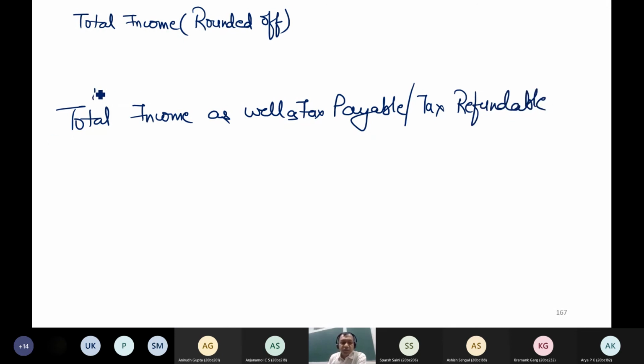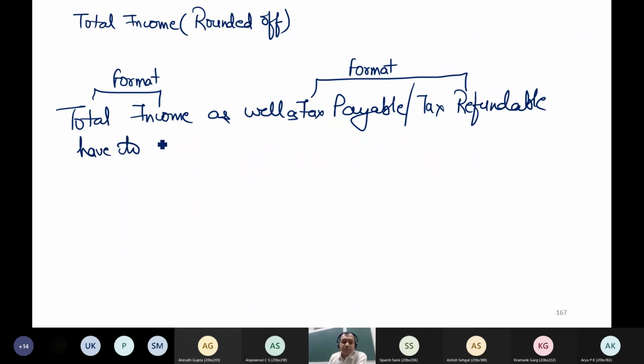Total income is from the one format where I am computing income, and tax payable or tax refundable is another format where I compute my tax payable or refundable. All these figures have to be rounded off to the nearest multiple of 10.